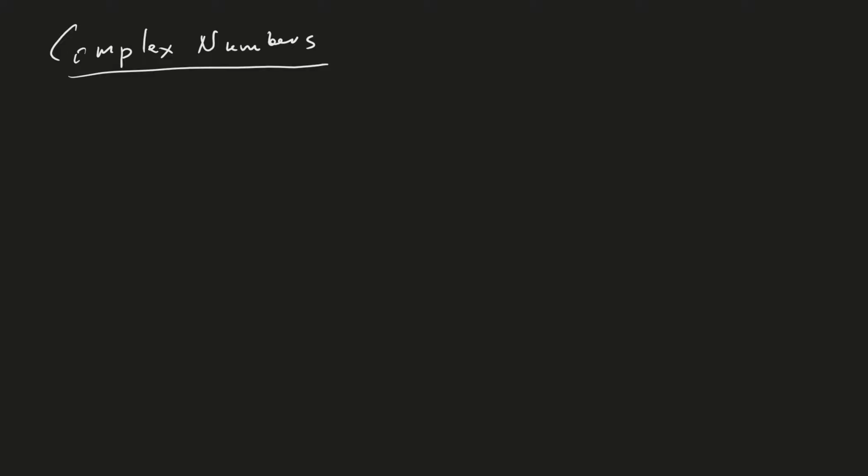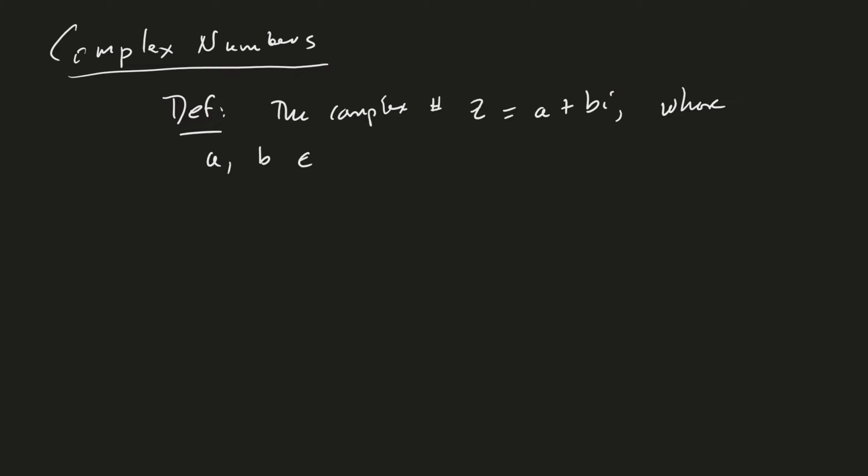Okay, so we'll hit a few things along the way, but let's just get a quick definition here. Definition: what is a complex number? The complex number z equals a plus bi, where a and b are real numbers, and i is defined to be equal to the square root of minus 1.